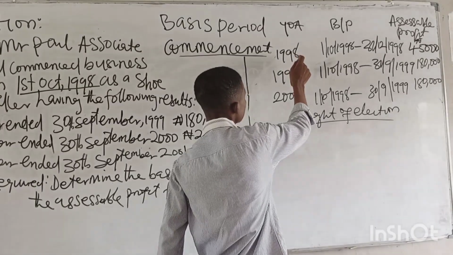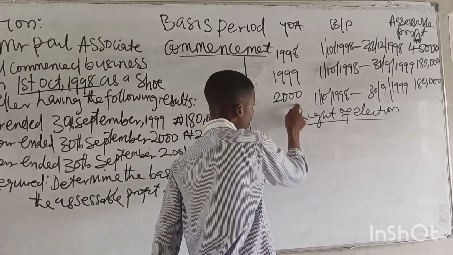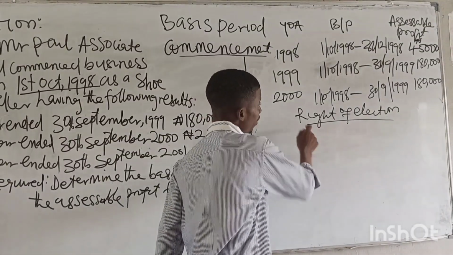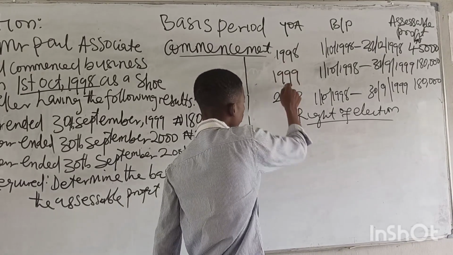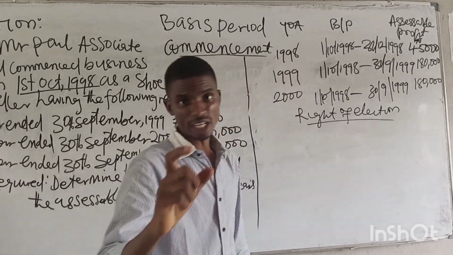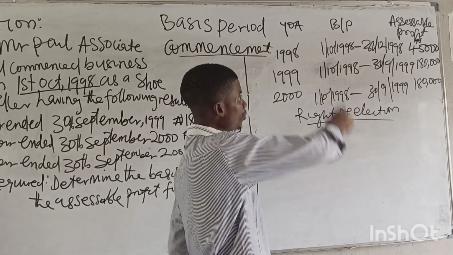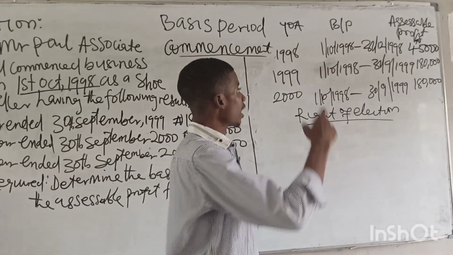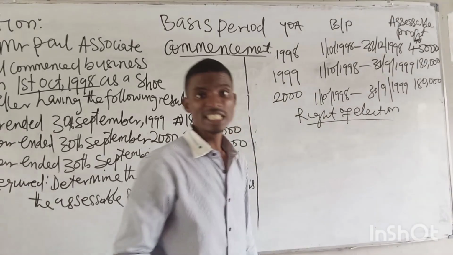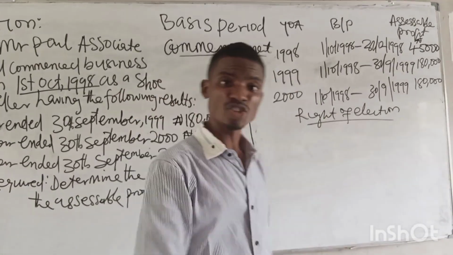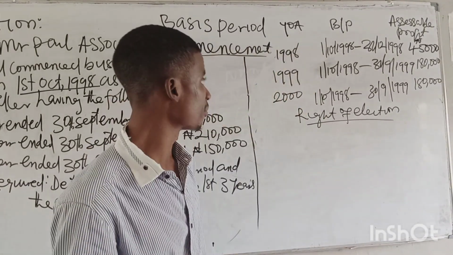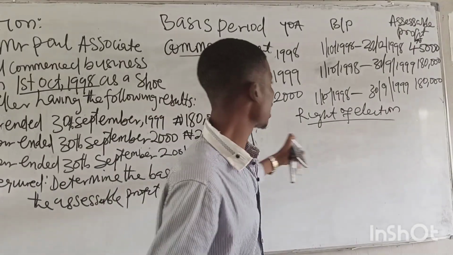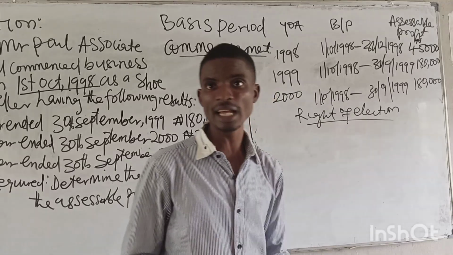You remember that here this is the actual year, but under this place, it was on preceding year basis. But under this right of election, the first, second, and third year are all going to be on actual year basis. So the taxpayer is going to compute both of them, and the one that is lower is the one he is going to ask the tax authority to assess him on. So now let's look at the right of election and see whether we are going to get something different.